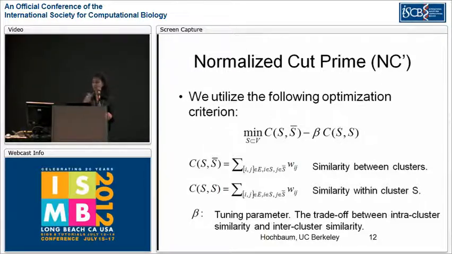Originally, this problem was given as a ratio problem, but we found that it's more effective to use essentially a weighted combination of these two objectives, and beta is a coefficient that will be selected as a tuning parameter to trade off the intra-cluster similarity versus the inter-cluster similarity.